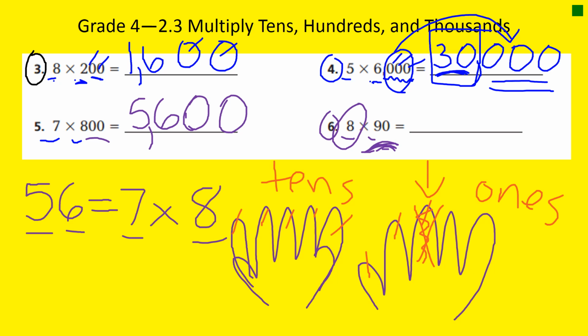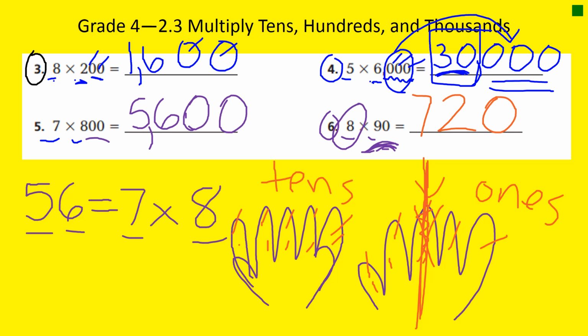How many do we have in the 10s? 1, 2, 3, 4, 5, 6, 7. And in the 1s, 1, 2. 72. I bet a lot of you guys know that little nines trick anyway. So 8 times 9 is 72. 8 times 90 is 720.